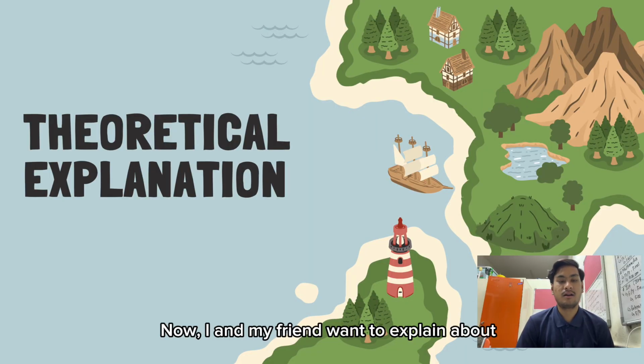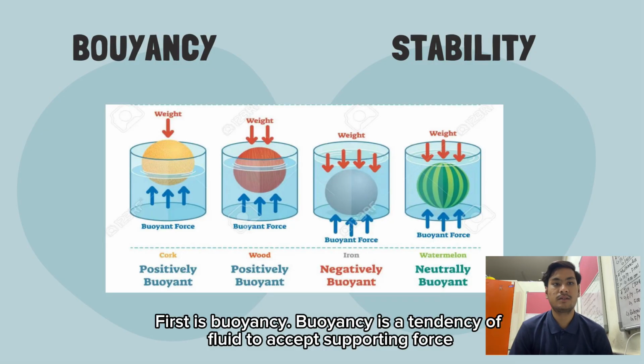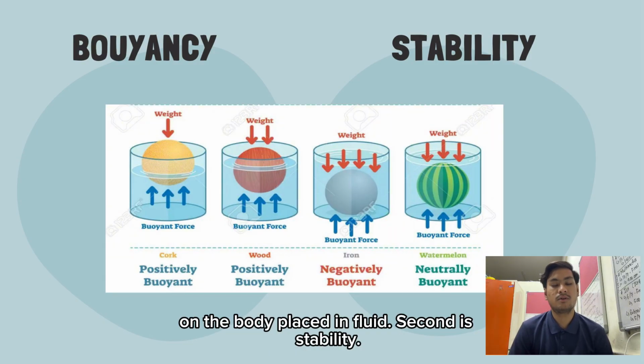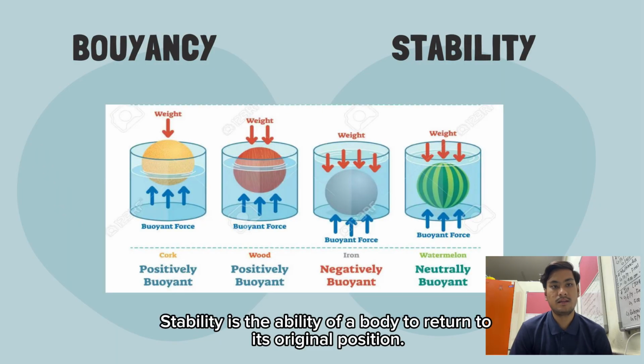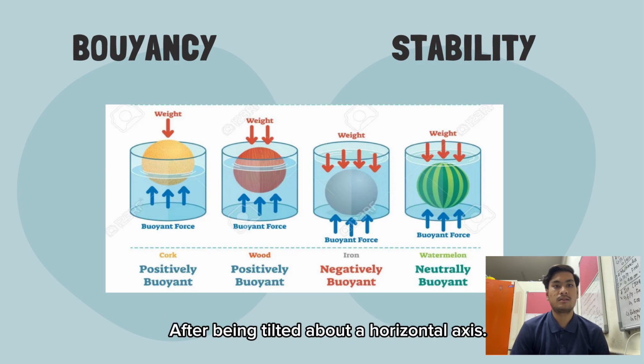Okay, now my friends and I want to explain the theoretical explanation. First is buoyancy. Buoyancy is the tendency of a fluid to exert a supporting force on a body placed in the fluid. The second is stability. Stability is the ability of a body to return to its original position after being tilted about a horizontal axis.